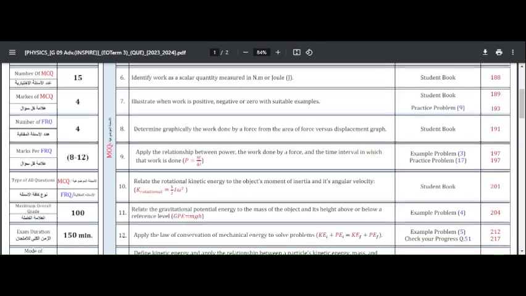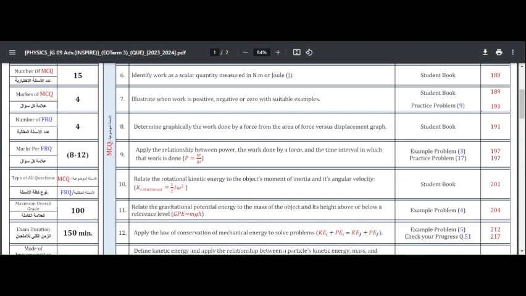Okay, then you have the sixth learning objective, which is to identify work as a scalar quantity measured in Newton meter or joules. So what kind of question can this be? Basically, they could give you a set of units.